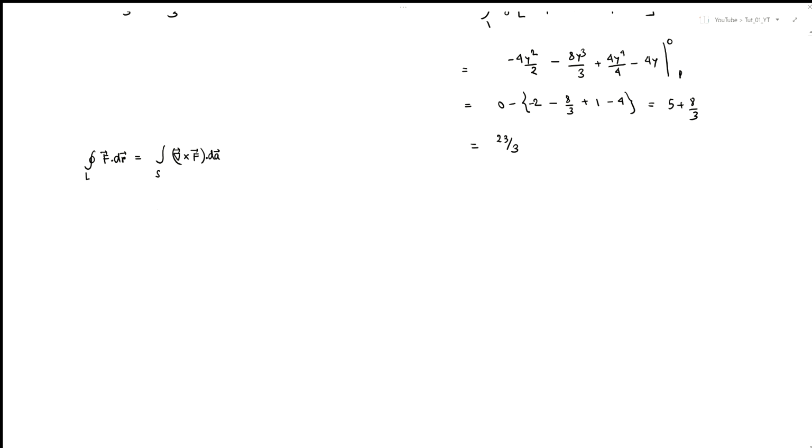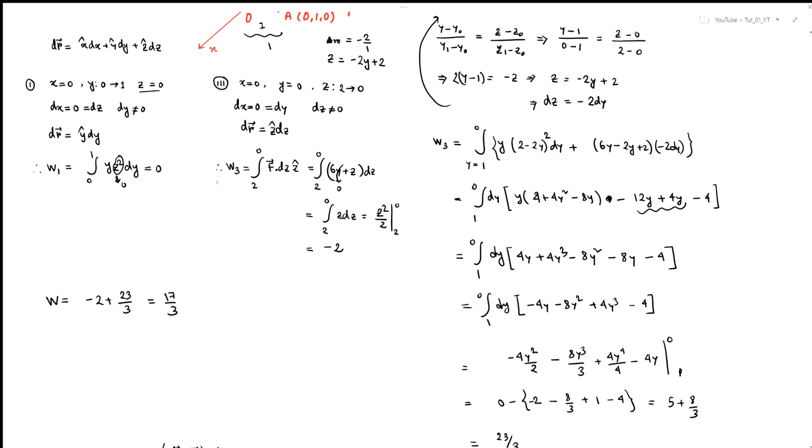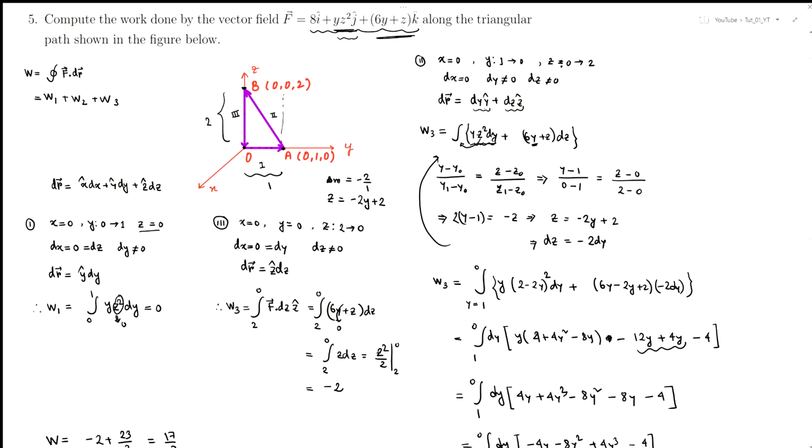Okay, so if you want to solve through Stokes' law, we have to find del cross f dot d. Before I find this, let us find the area vector. Because this loop is on the yz plane, the area vector will point along x cap.